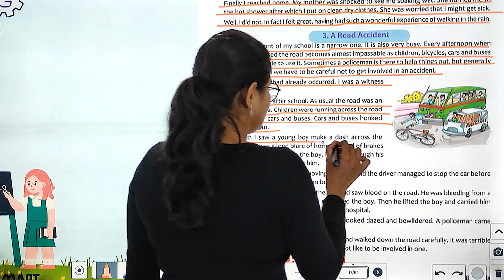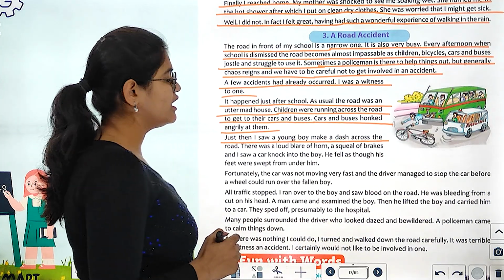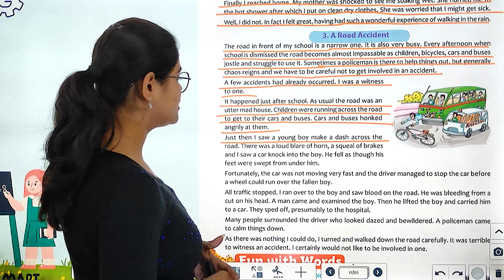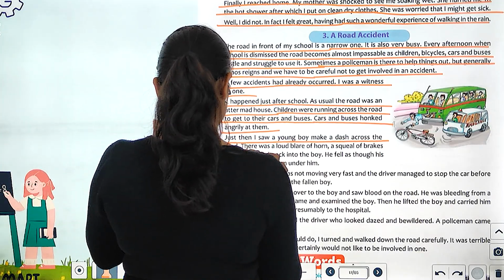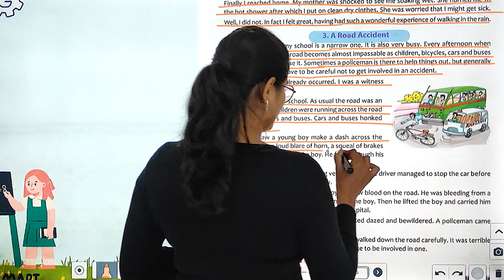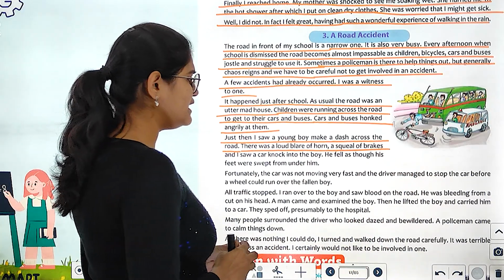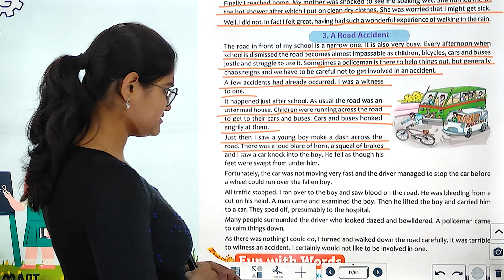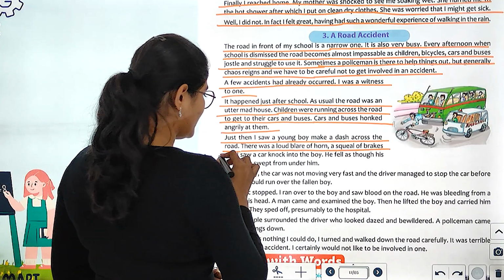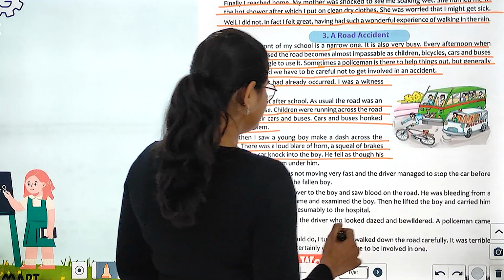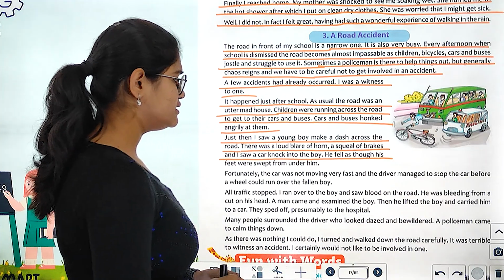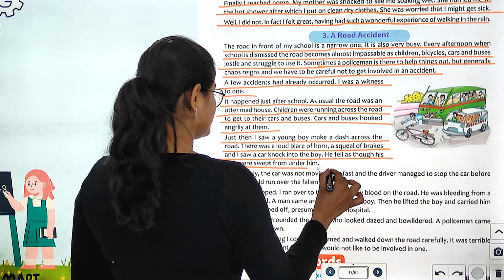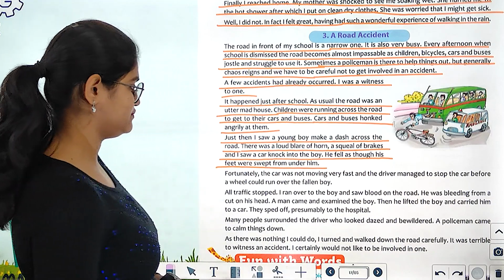Just then, I saw a young boy make a dash across the road. There was a loud blare of horn, a squeak of brakes, and I saw a car knock into the boy. He fell as though his feet were swept from under him.